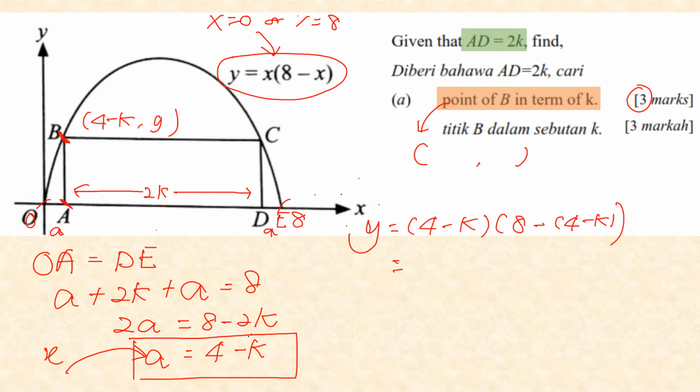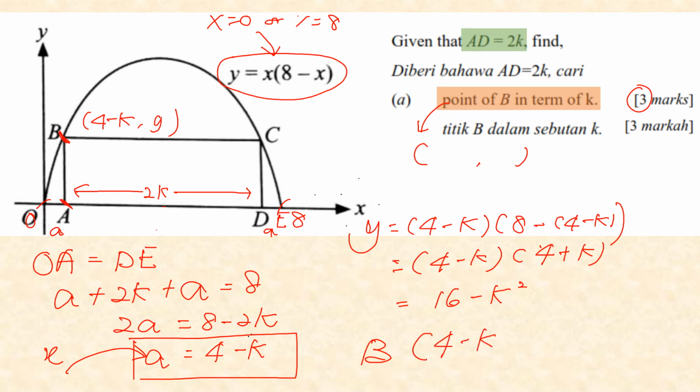From here, you should get 4 minus K, expand the bracket, 4 plus K. 4 minus K times 4 plus K. What do you have? You have 16 minus K squared. From there, you will get the coordinate of B, which is (4 minus K, 16 minus K squared).